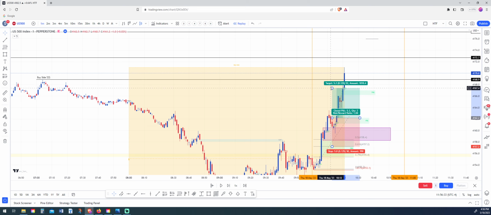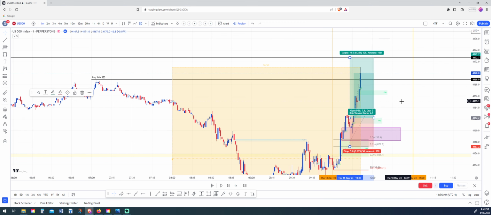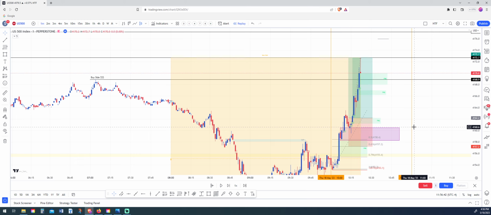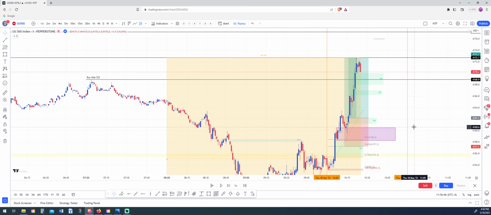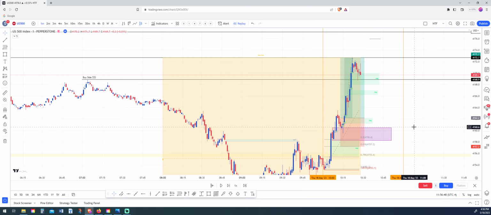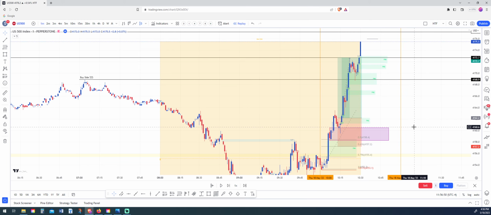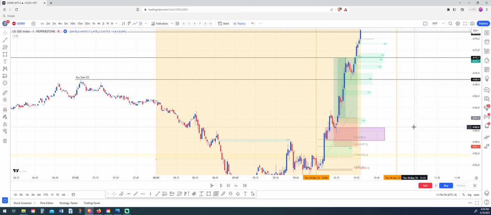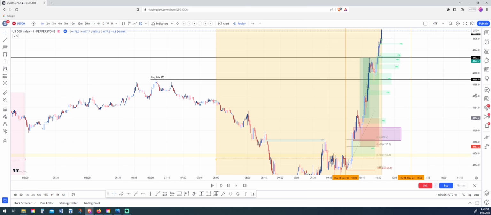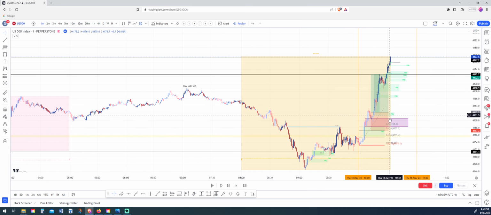So if you were brave, you would have held on for this. If you're super brave, you could be going for the higher targets, depending on how you want to manage the trade. So this here is the fair value gap now filled on the 1 hour.